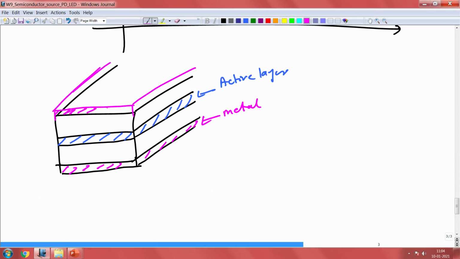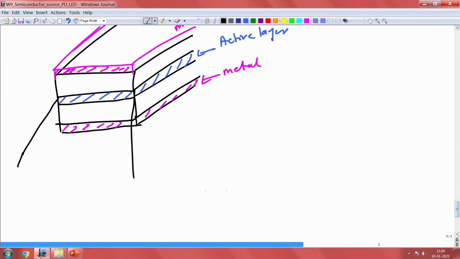So, here again is metal. So, we are going to inject carriers from vertical section here, and the light emission in this case is going to be from the edge. So, it will come out from this edge like this, right, and this will have a reasonably large cross section, right.